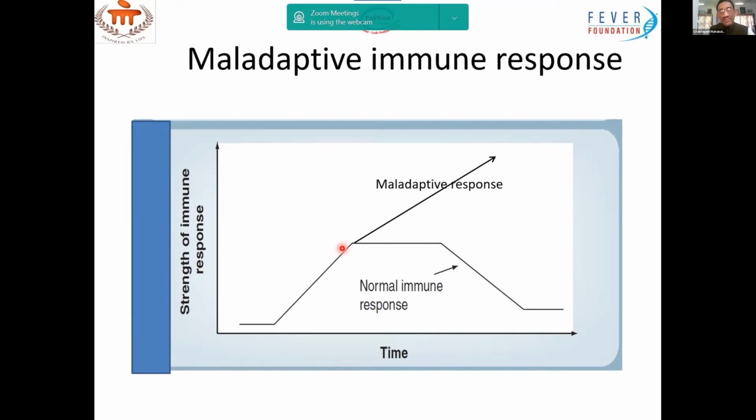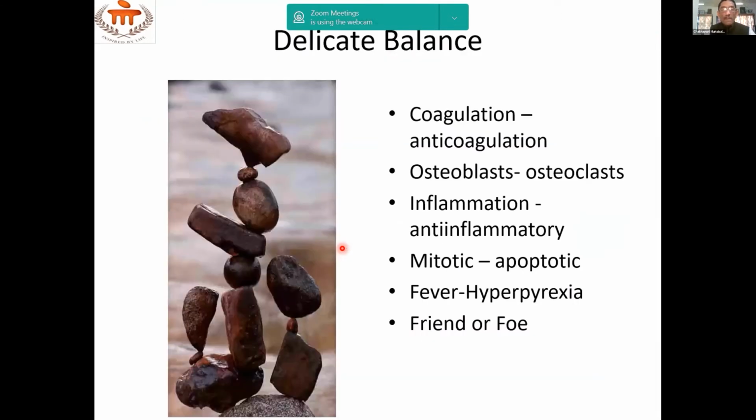Especially when there is an infectious agent, the body has a very good control over the adaptive process, and there is a limit to which the temperature goes up, and that remains within the physiological range through well-controlled, orchestrated changes. Once in a while, this will go out of control, and this maladaptive response will give rise to significant inflammatory changes, including body temperature, and that's when it becomes deleterious to the host.